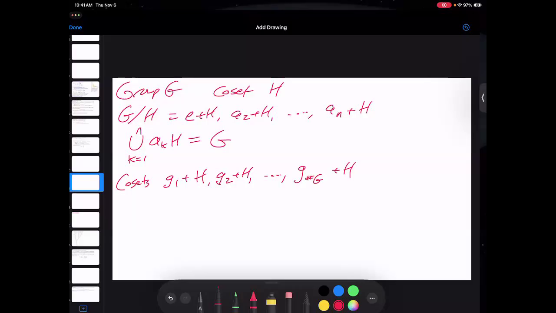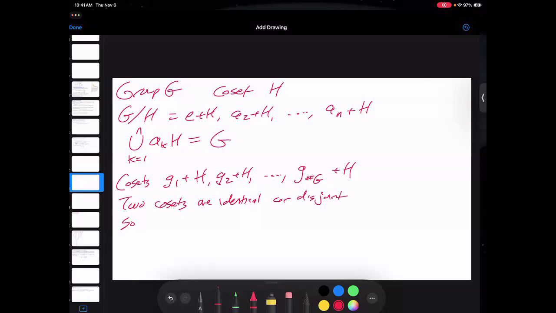And because H contains the zero element, the union is clearly going to be everything. But two cosets are either the same or entirely disjoint. So I can take this whole list of cosets and just keep the distinct ones. Two cosets are identical or disjoint.